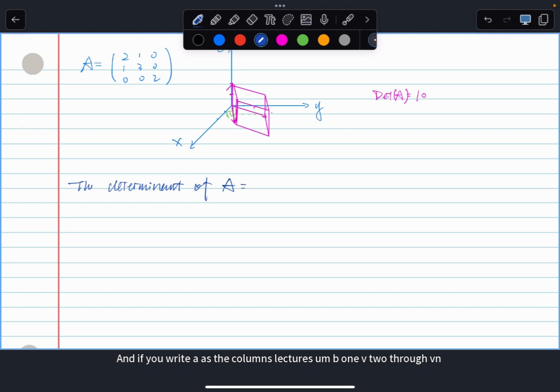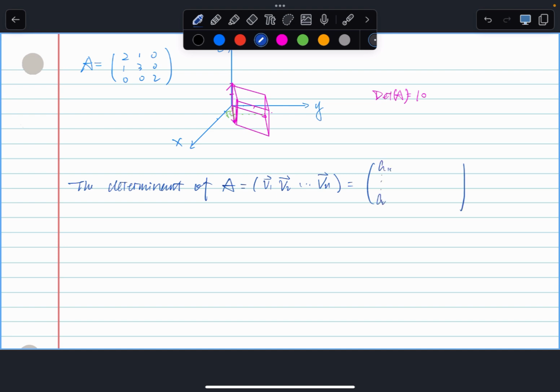And if we write A as the column vectors v1, v2 through vn, and that's a matrix that looks like A1,1, A1,n.